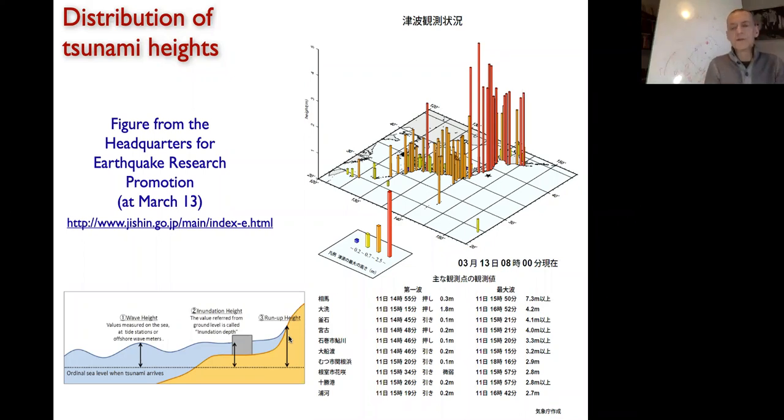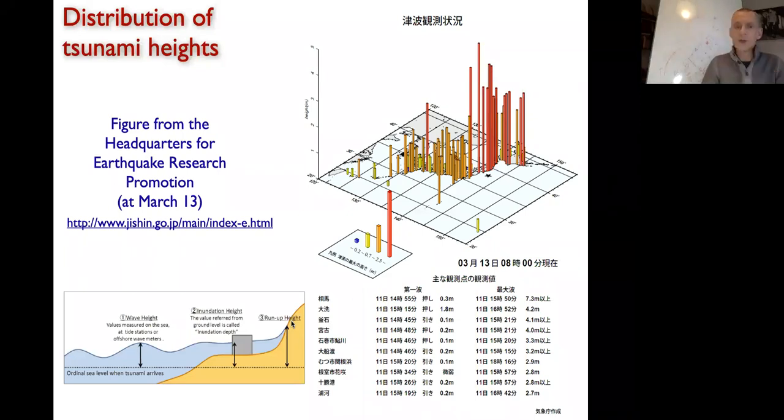Of course, this depends mainly on the local bathymetry, and the conditions here we can call that open sea. So the maximum height reached at the penetration depth here is called run-up. So when you hear run-up, you have to think that it is not the pure height of the wave, but the height reached by the wave after it is incoming onto the land.